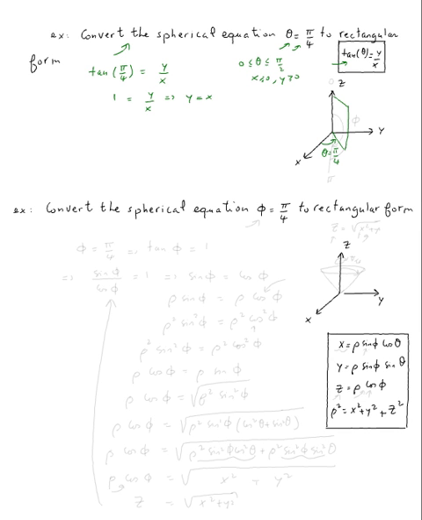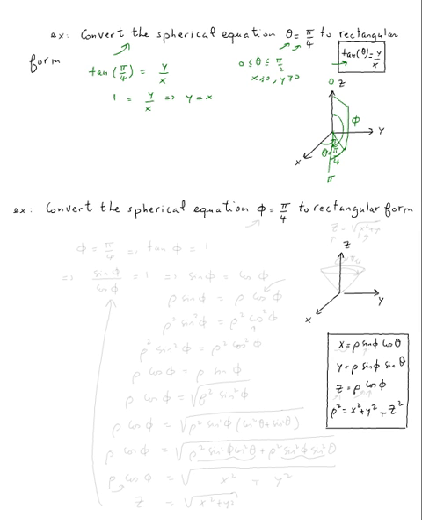And of course, our phi goes from here to here, from 0 all the way to phi equals pi.